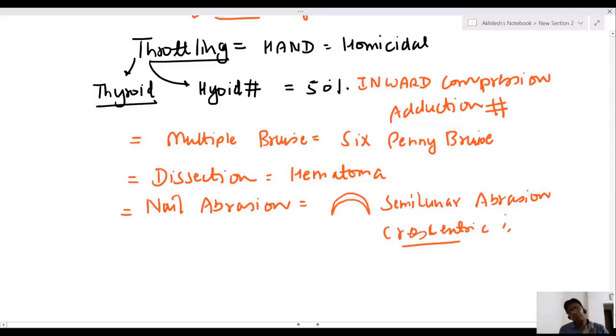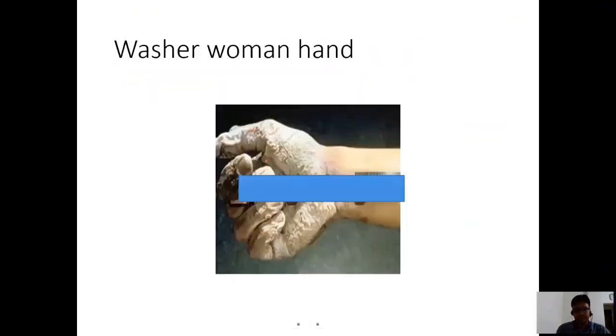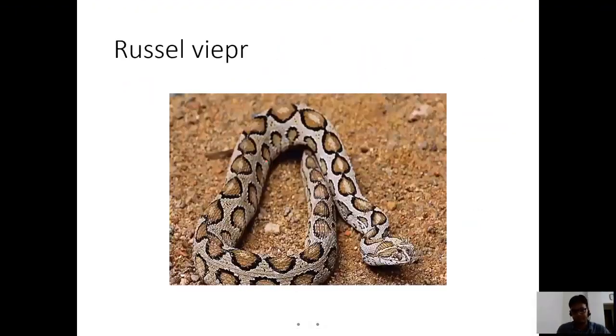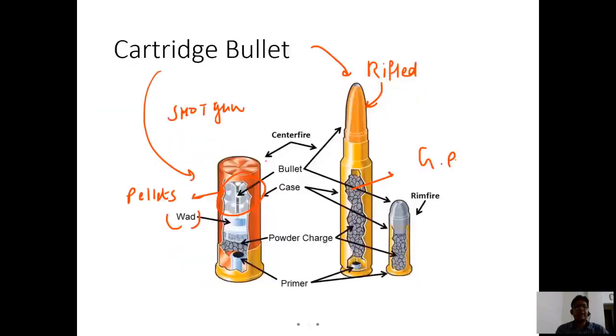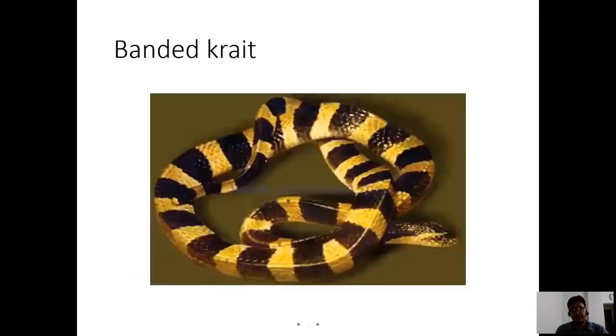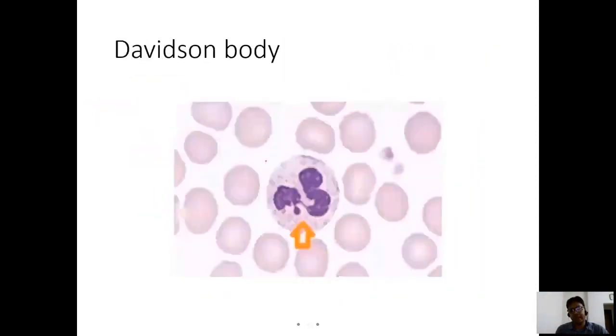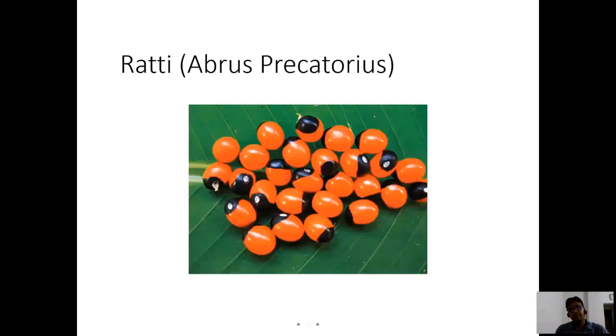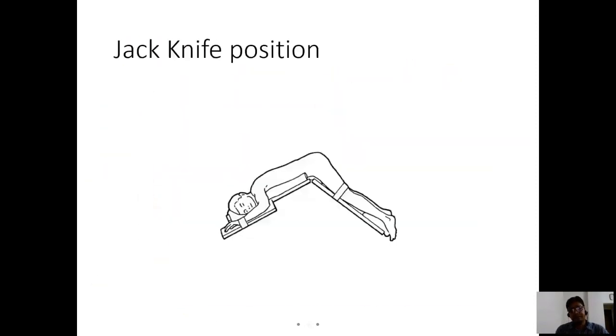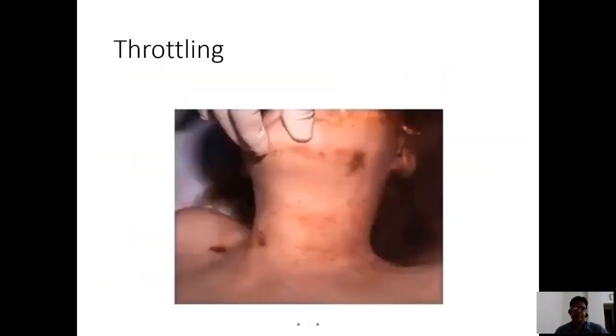Doctor, sometimes what type of question do you get? Listen, I'm giving the first picture to you. If you get this kind of picture where there are multiple bruises on the neck, you can see this bruise, this bruise, this bruise.